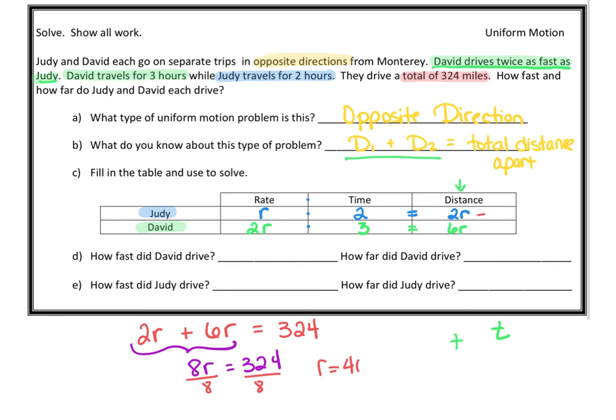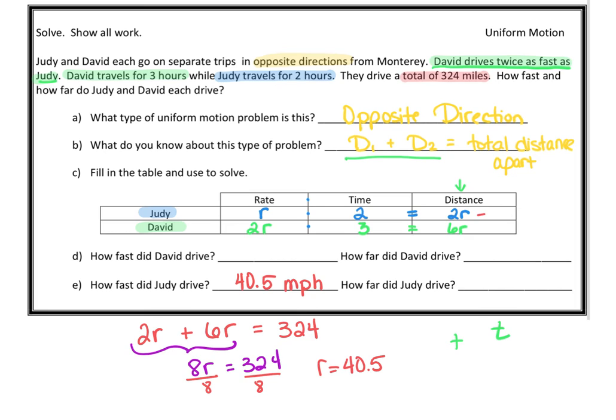R equals 40.5. What did I just solve for? Distance, rate, or time? Specifically, whose rate was R? Judy. So how fast did Judy drive? I just solved that. She drove 40.5 miles per hour. All right.